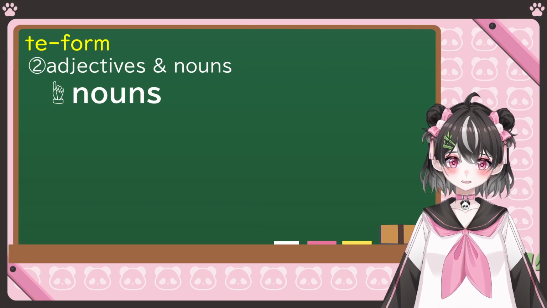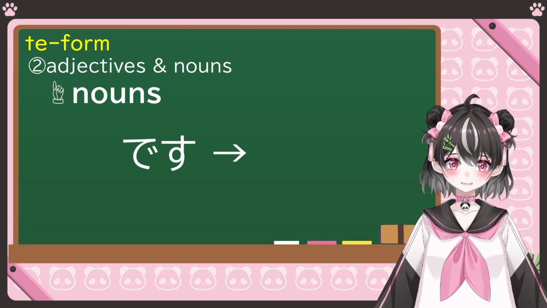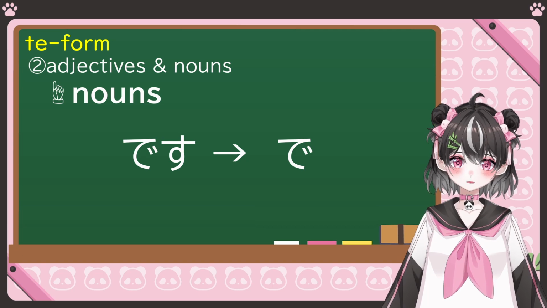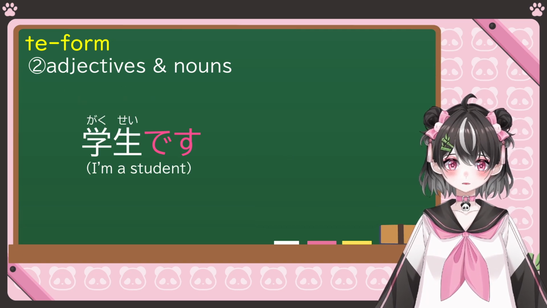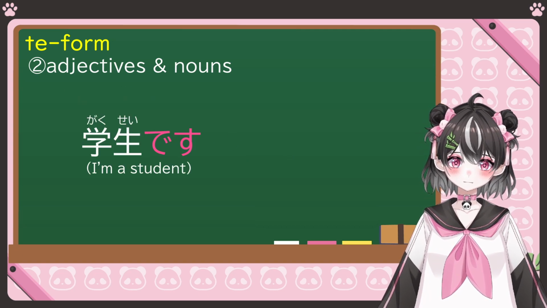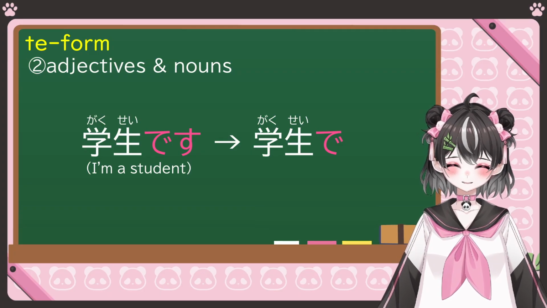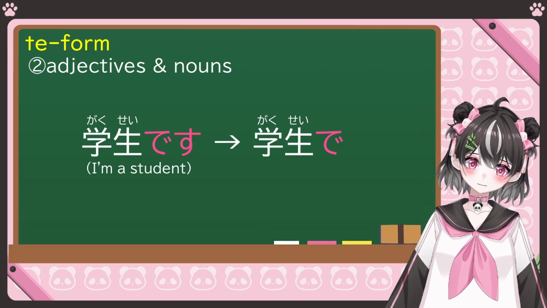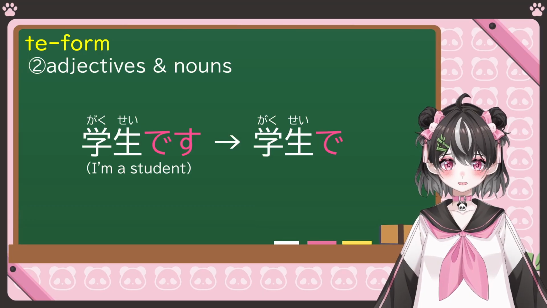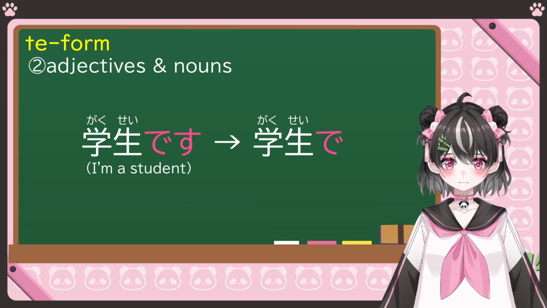You change です to で. For example, 学生です becomes 学生で. It's simple, isn't it? That's all for how to conjugate te form.